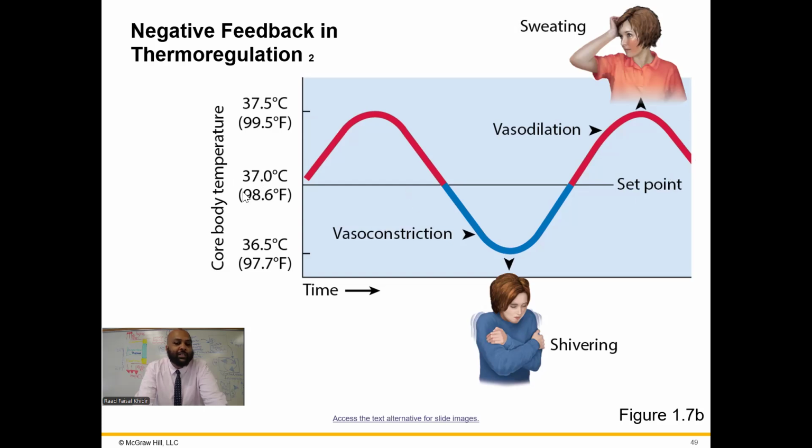What about the opposite? If I had 37 degrees Celsius, now I go down to 36.5. What is that an example of? Hypothermia. In hypothermia, then I do vasoconstriction, and then I do shivering, and then I return back to the set point. Is that clear?